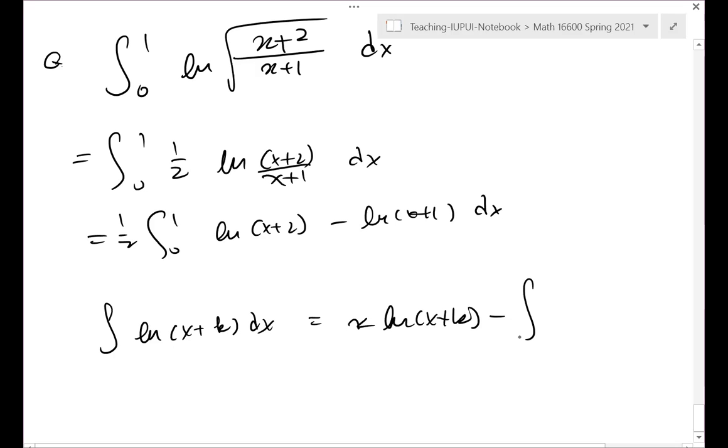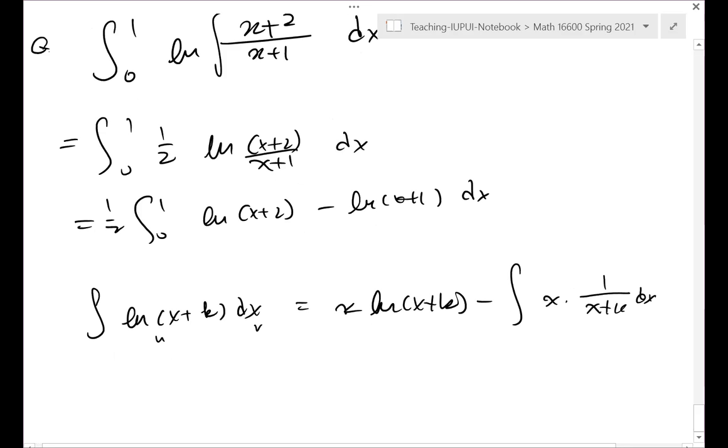So you can exchange it. This is a v, this is a u, and then exchange this uv and minus v times the derivative of u, x plus k dx. Then integral of that function.